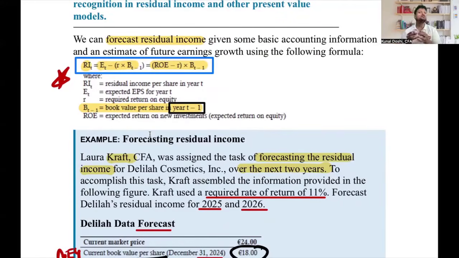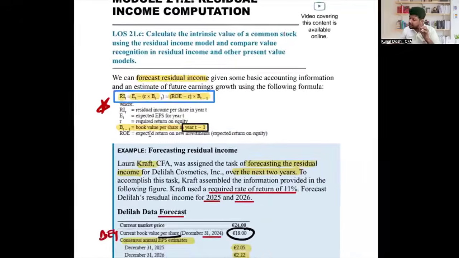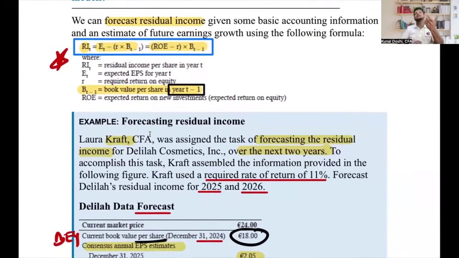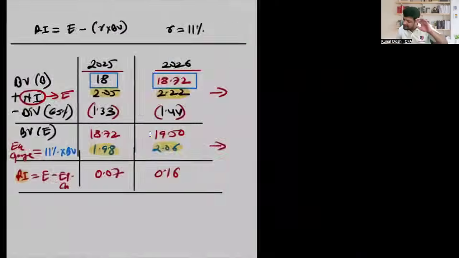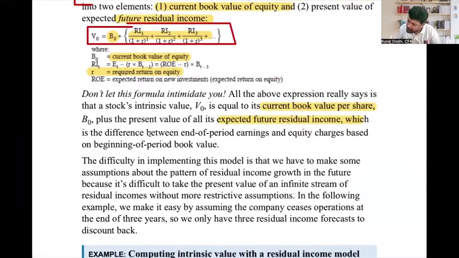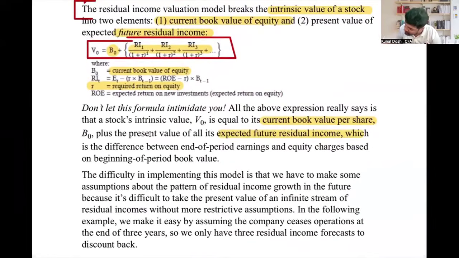But when I do that to find the value of the company, I need two more things. Residual income will only tell me the extra profit of the company beyond the current book value. So I need the current book value plus the extra. In order to find the value of the company, we need not only the present value of future residual income, but I also need the current book value, because remember, residual income is extra.